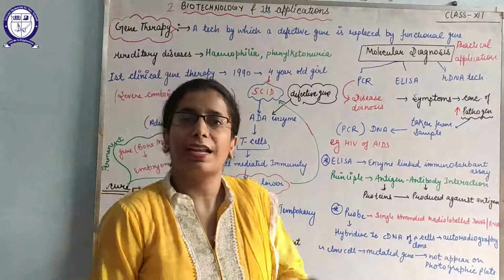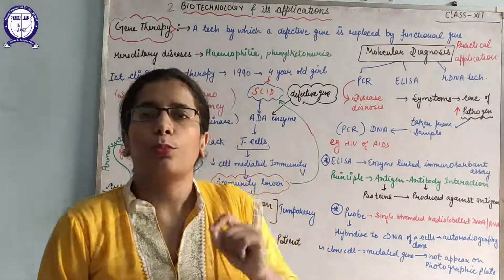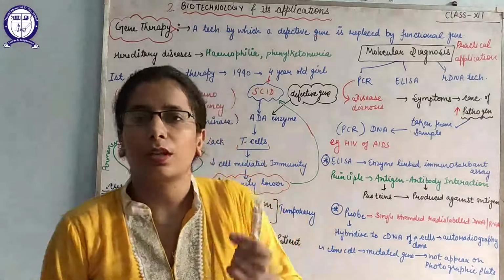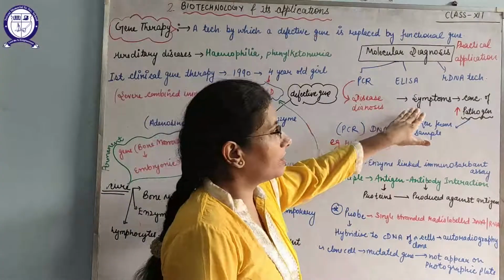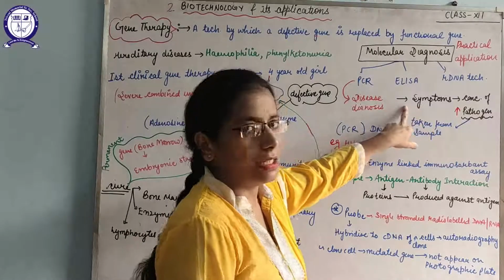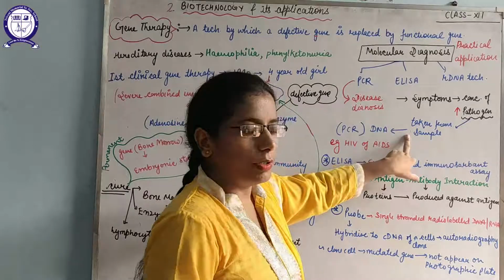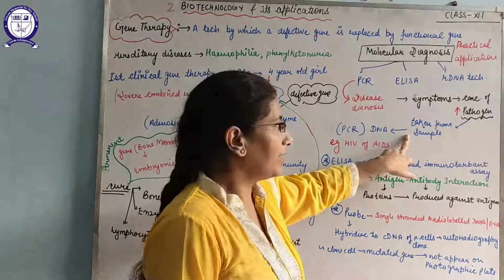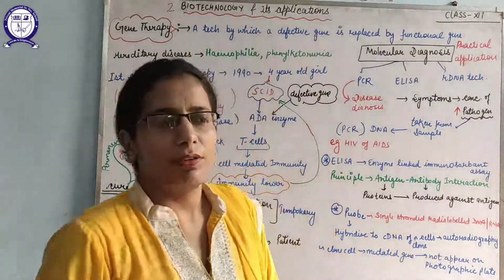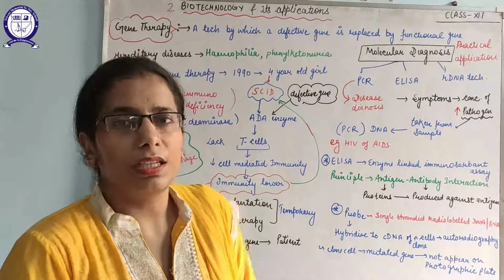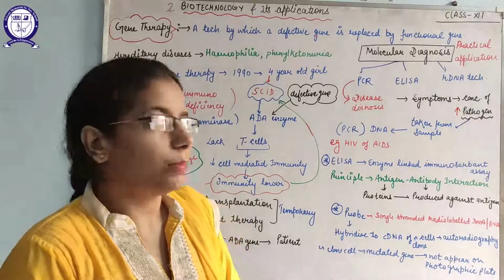The place from where the pathogen enters the body is known as the portal of entry, and from where it moves outside is known as the portal of exit. So when the concentration of pathogens is high, we develop symptoms, and then we go for a checkup. At that time, we go to the doctor, show these symptoms, and ask them to tell us the disease and help us in the treatment also.